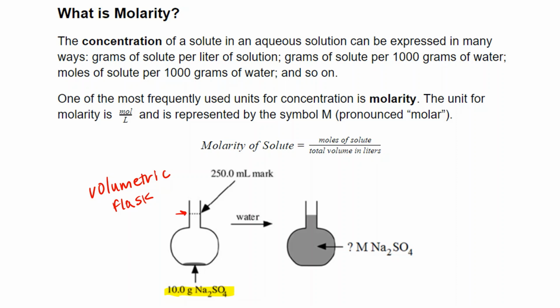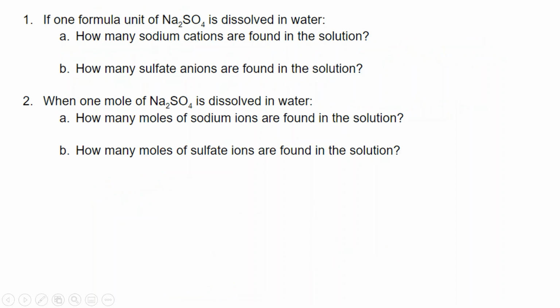So we're going to try to figure out the molarity of sodium sulfate, the molarity of sodium, and the molarity of sulfate. So if we have Na2SO4 that dissolves in water, what's going to happen is these ions are going to break apart, and we're going to get 2 sodium ions, and we're going to get 1 sulfate ion.